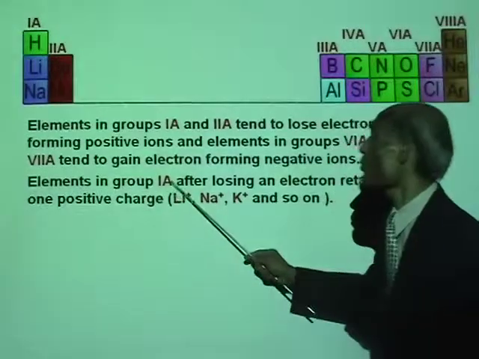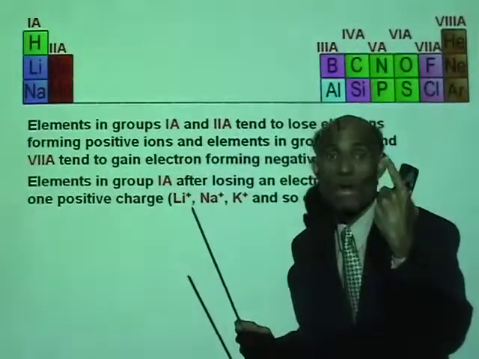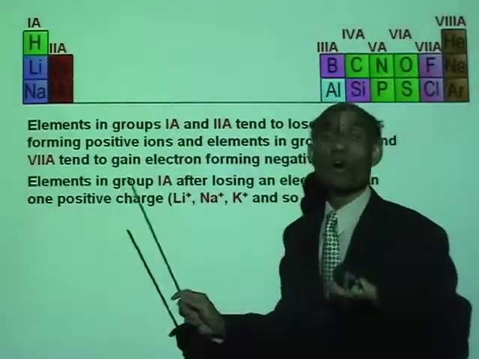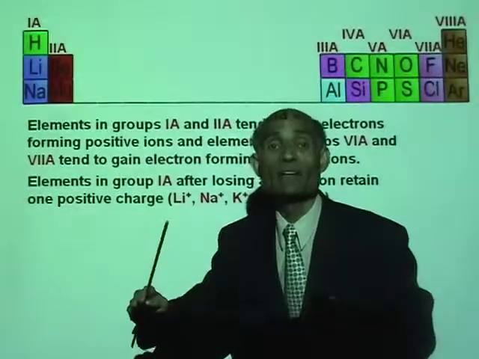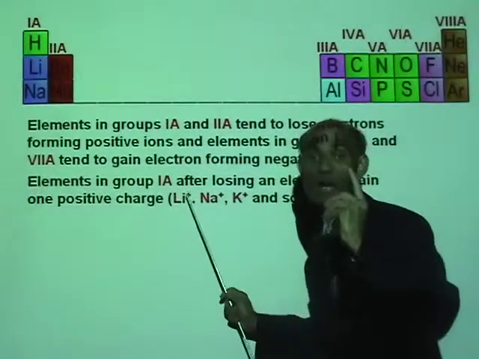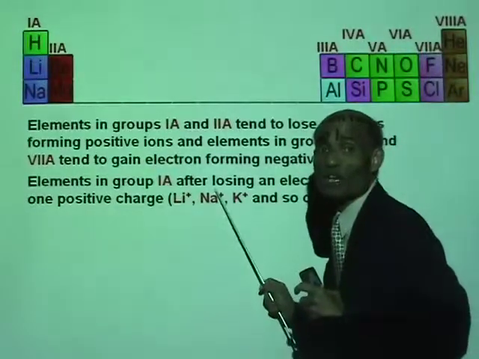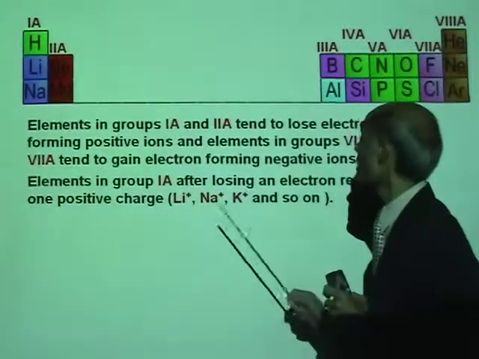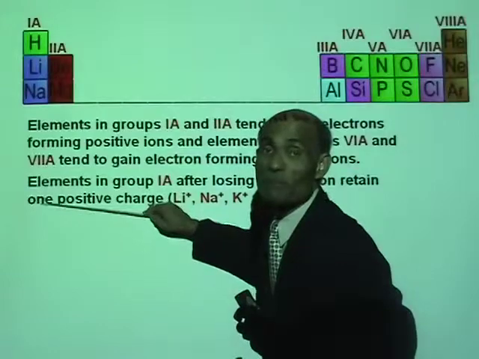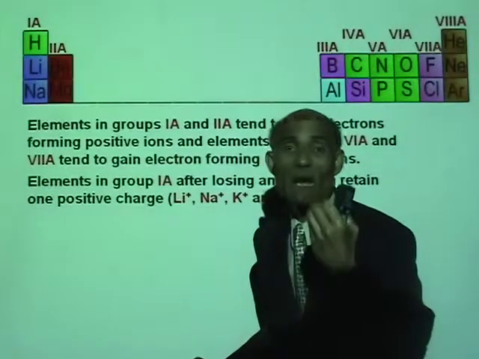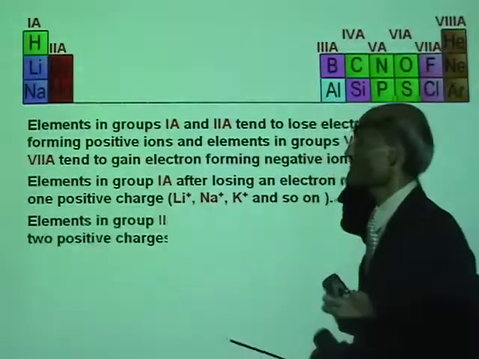So elements in group 1A, after losing an electron, retain 1 positive charge. So if I ask you, what is the charge on an element in group 1A? You should be able to tell me that it is 1 positive. Lithium, single positive. Sodium, single positive. Potassium, single positive, and so on.